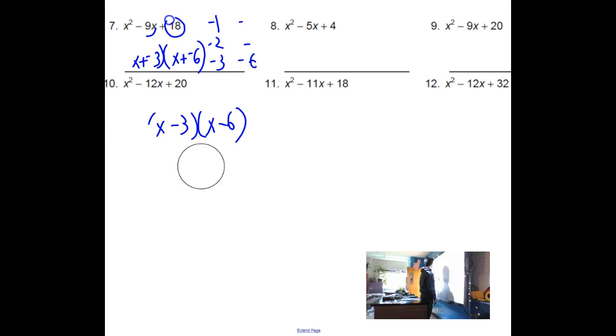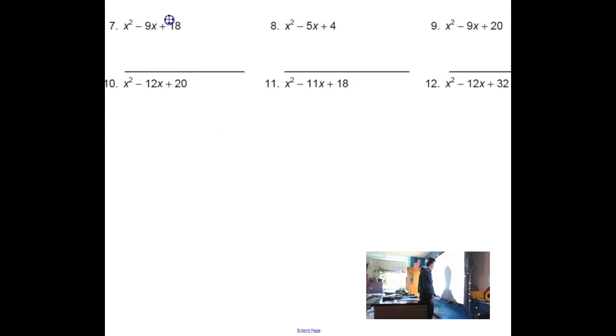Alright, let's do another example. We're going to do number 11. We're going to look at 18 again, but this time we're going to look at factors that add together to equal negative 11. Since b is negative, I know that both terms are going to be negative. Multiply all of my terms that multiply together to equal 18.